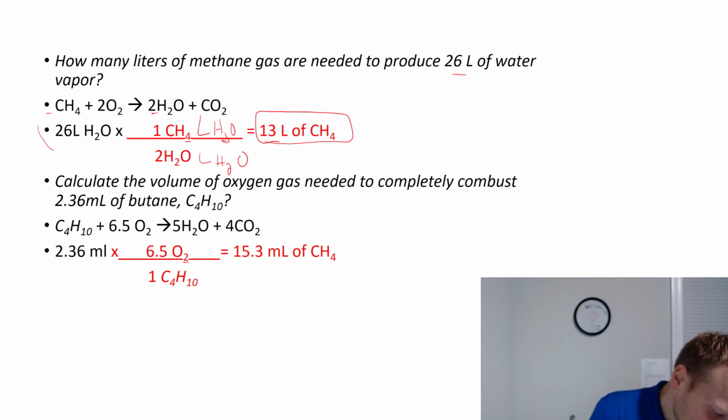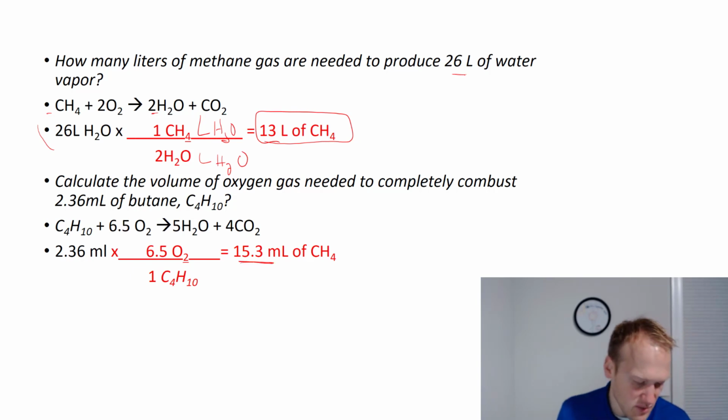It's going to combust 2.36 milliliters of butane. And I know I can go from milliliters of butane straight to milliliters of oxygen using the coefficients, meaning that I'm going to need 15.3 milliliters of oxygen. I can do this because the mole ratios within those problems are the same as volume ratios because every mole of gas takes up 22.4 liters.